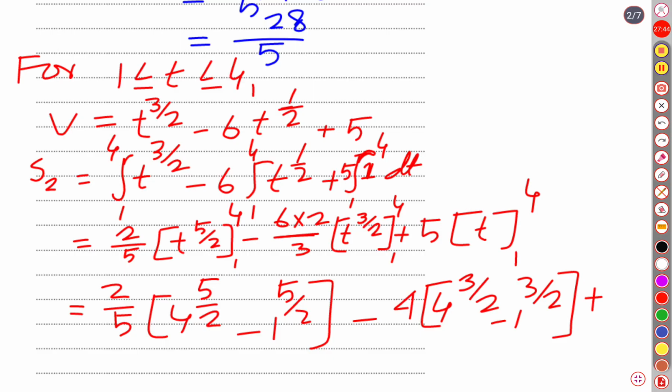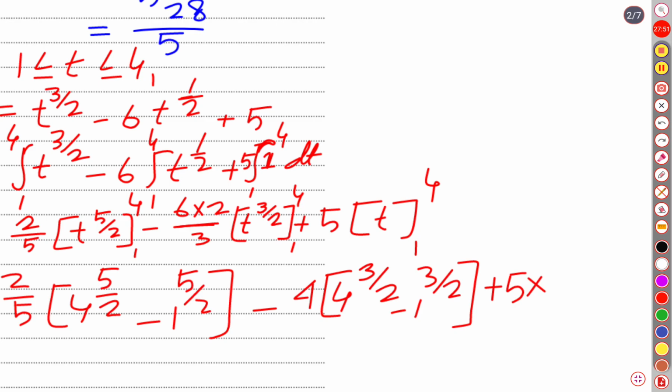And this can be written very simply. Look at this, 5 into, from 4 if we subtract 1, it is going to be 3. So let it be written directly, it is 3.